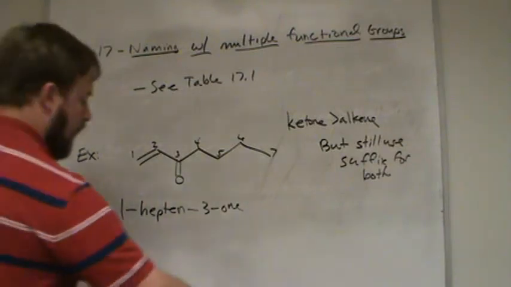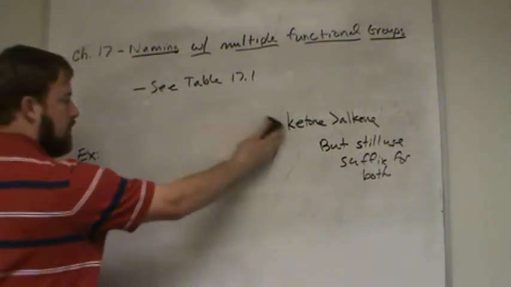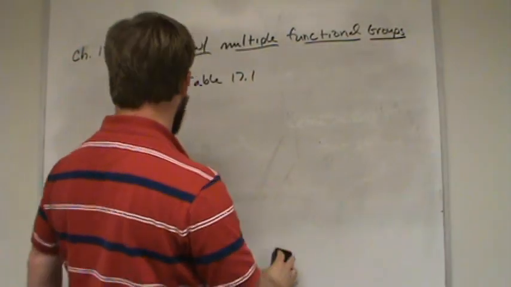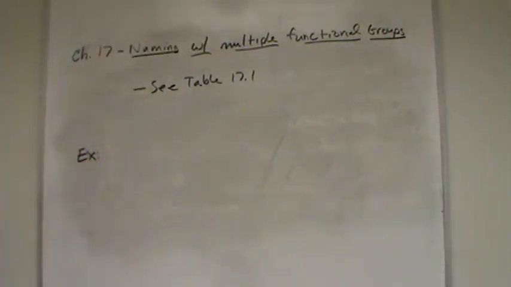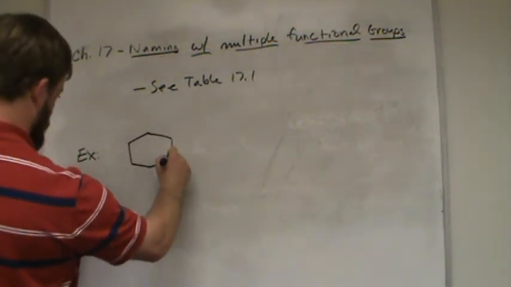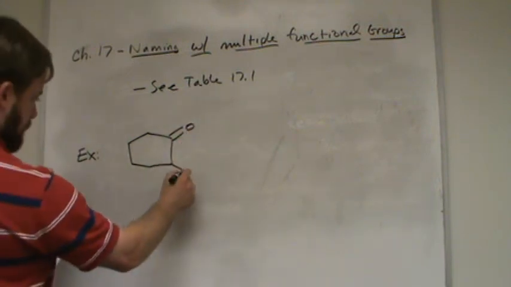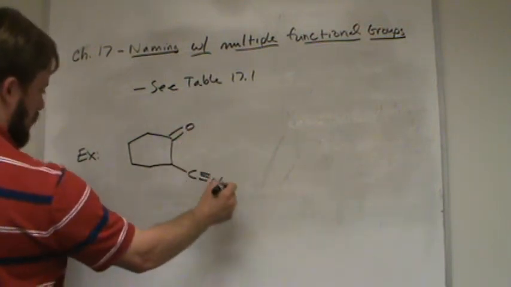I want to give you one more. I doubt there'd be a whole lot of these on there because you've got so much material to be tested on. But just in case, let's do one that looks hard. So we have a ketone and a nitrile.